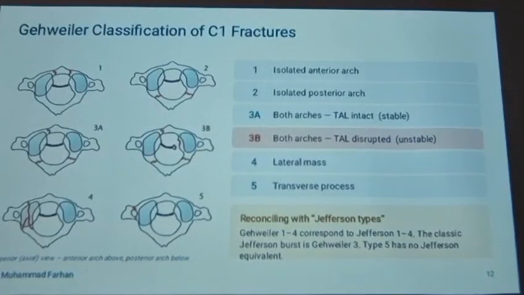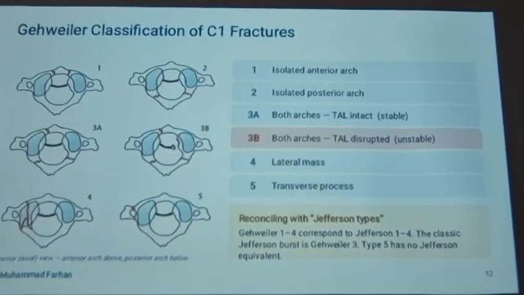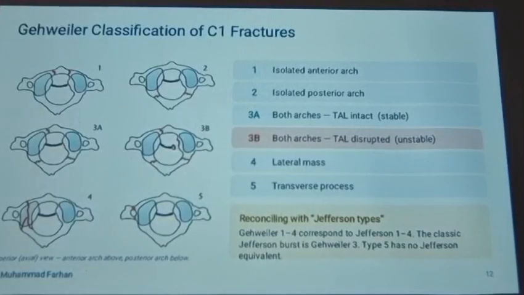Usually in the fractures of the anterior and posterior arches, the spine is stable. In the posterior fracture, usually the fractured part moves posteriorly, and the cervical spinal canal is widened or does not affect the stability.